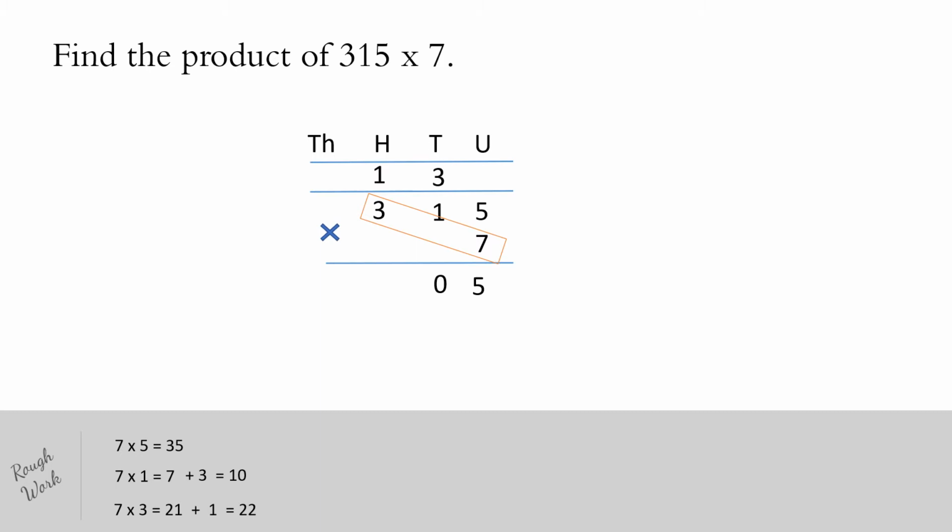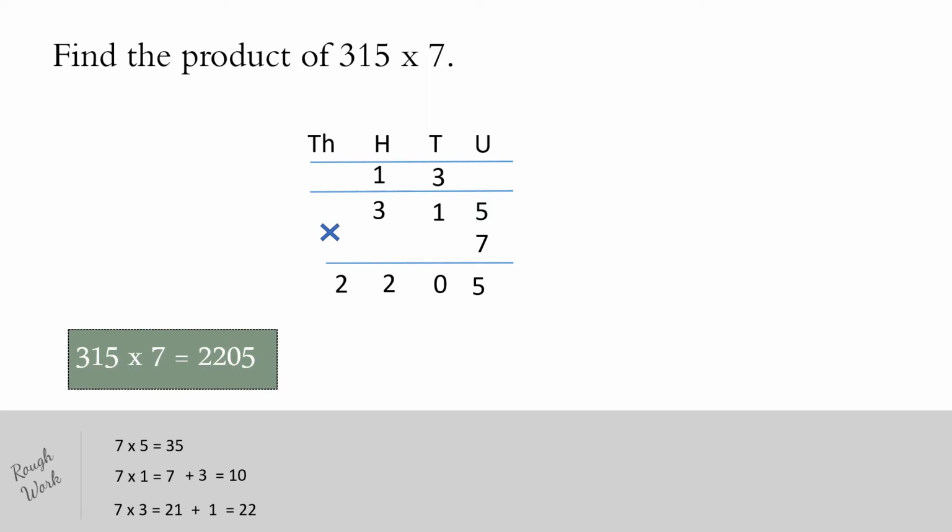So, we will write 22, 2 at the hundreds place and another 2 at the thousands place. So, we get our final answer. 315 into 7 is equal to 2205.